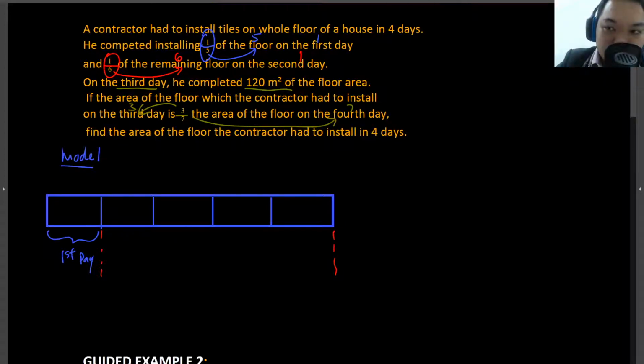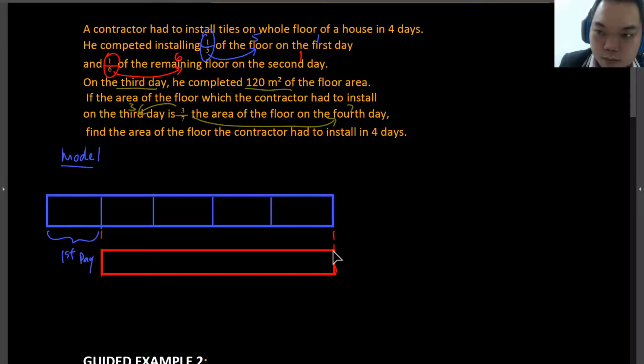Then we break this remainder into 6 equal portions. So this was what he covered in the second day.